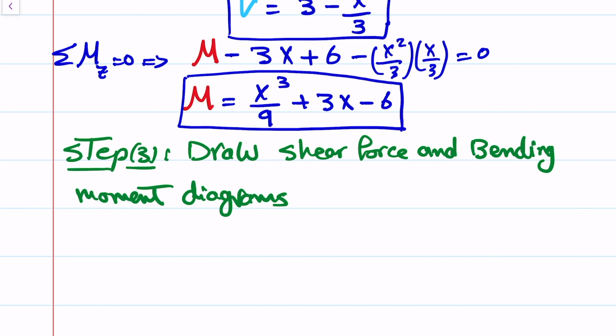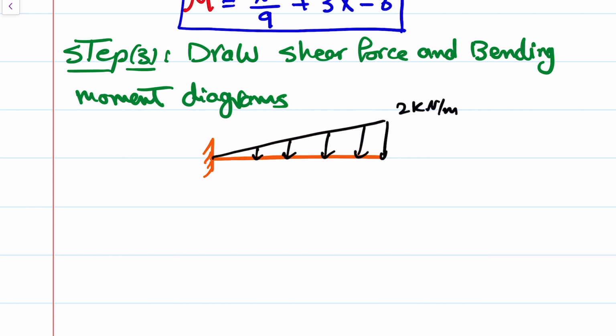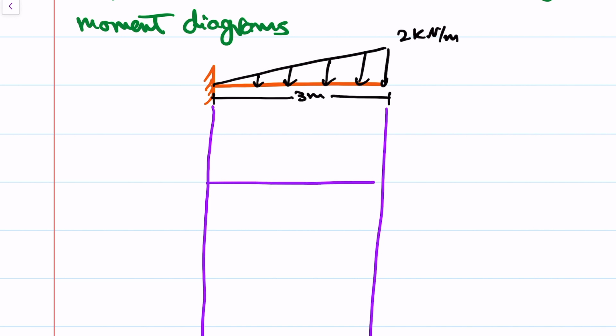Start, excuse me, start with the beam and distributed load, okay, 2 kilonewton per meter, distance is 3 meters, okay. And let's see, this would be for the shear, and this would be for the moment.